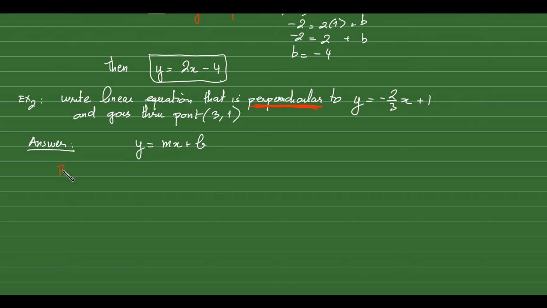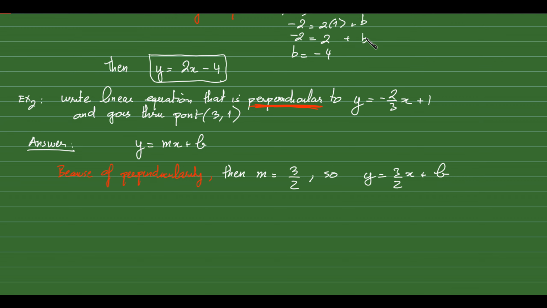So I'm going to put over here, because of perpendicularity, m will be equal to the negative reciprocal. The negative will become positive, so m equal 3 over 2. Alright, so my equation becomes y equal 3 over 2 x plus b.